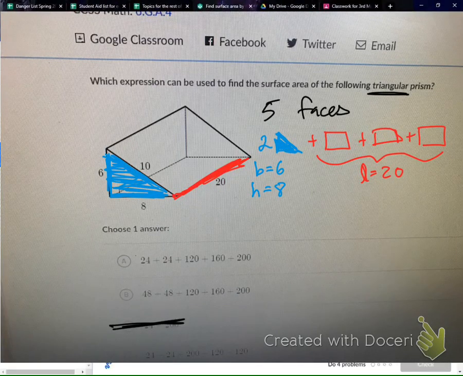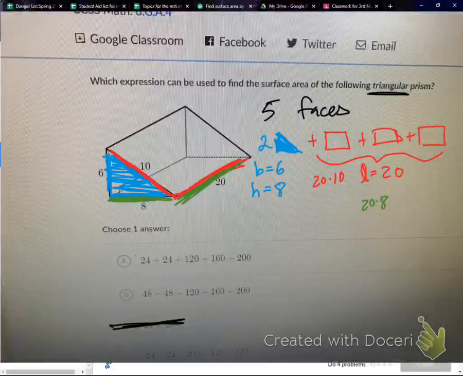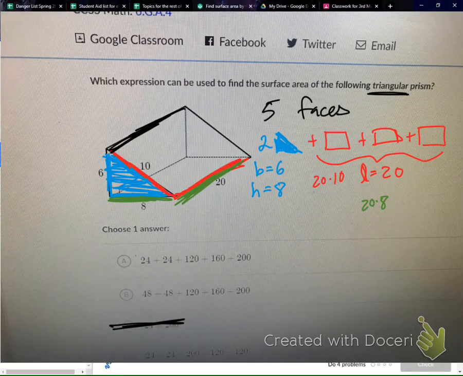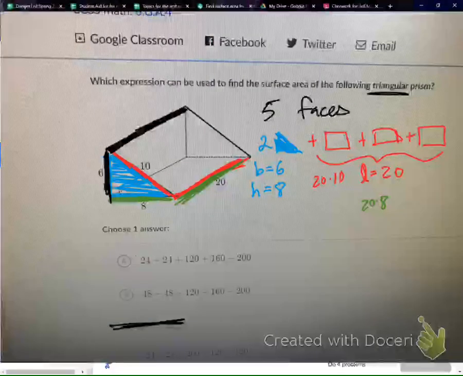So I've got this front face that looks like it'd be a 20 by 10. I've got a bottom here that looks like it would be a 20 times an 8. And then I've lastly got the back of this that looks like it would be a 20 by a 6.